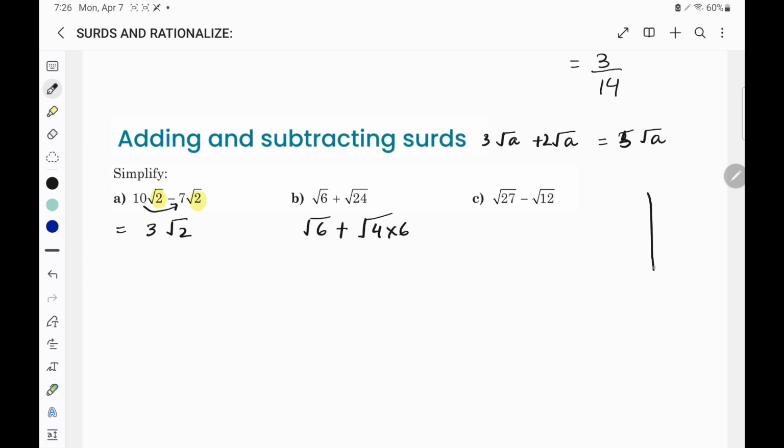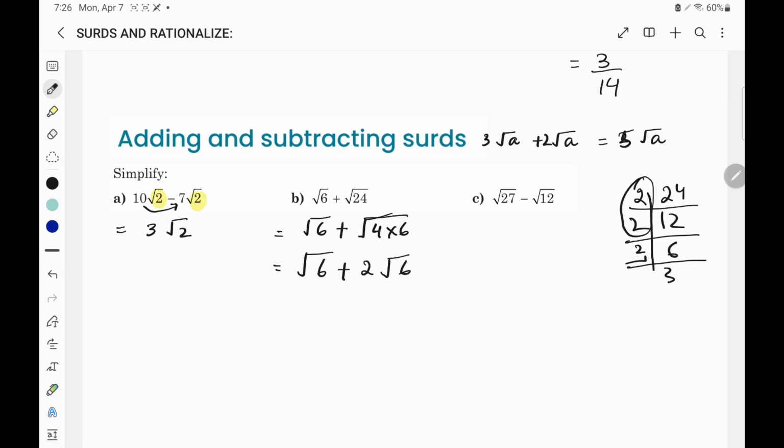If you don't understand, again you can use prime factorization: 2 12s are 24, and 2 6s are 12. Now you have the same thing, 2 and 3. So 2 times 2 is there, so 4 into 6, because this 2 cannot come out, it's just one time. So square root 4 means 2, giving 2 square root 6.